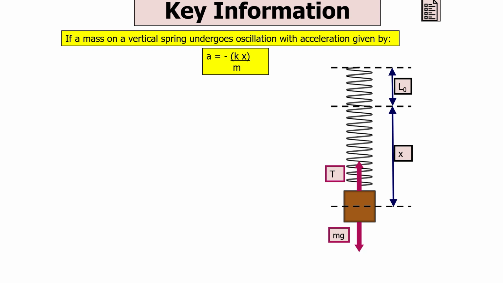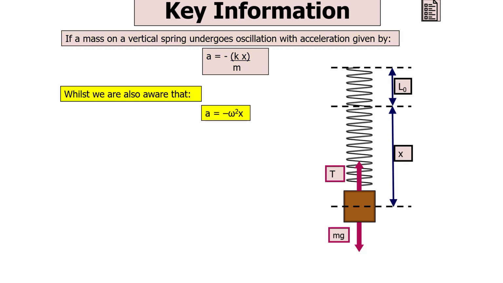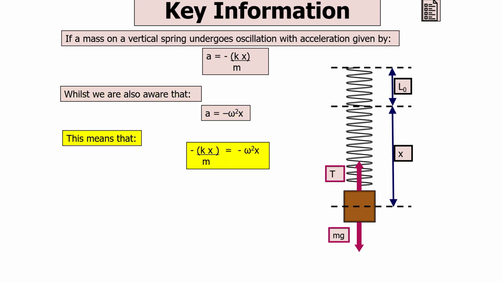So if a mass on a vertical spring undergoes oscillation, it will have an acceleration given by a is equal to minus kx over m. But we're also aware that a is equal to minus omega squared x in simple harmonic motion. So we can equate the two terms and say minus kx over m equals minus omega squared x.